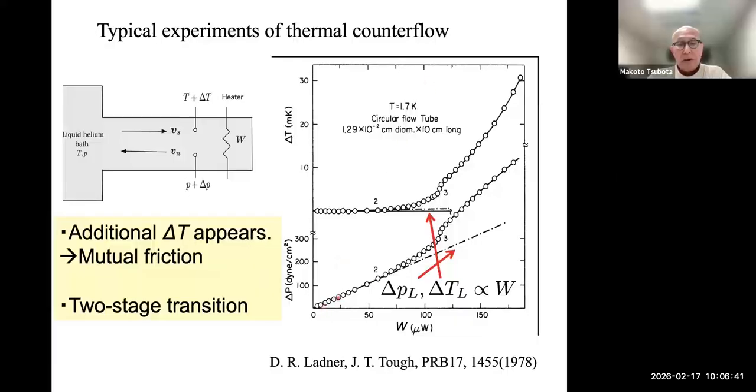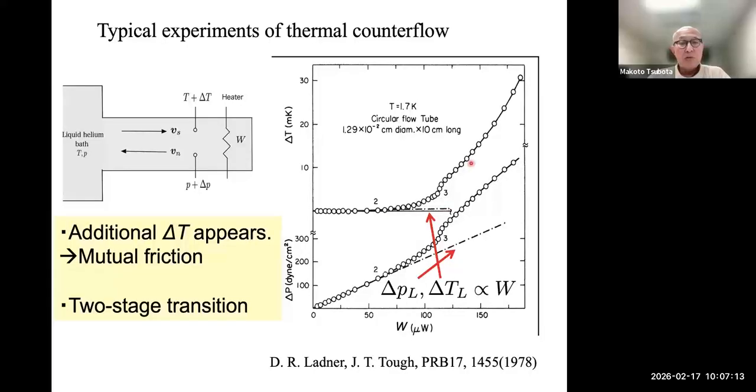When the heat flux is relatively small, the observation certainly shows that both the temperature and the pressure gradient show linear behavior, shown by the dotted lines. However, as W is increased, the observation deviates from the linear relations. An additional temperature gradient, delta P, appears because of the mutual friction.